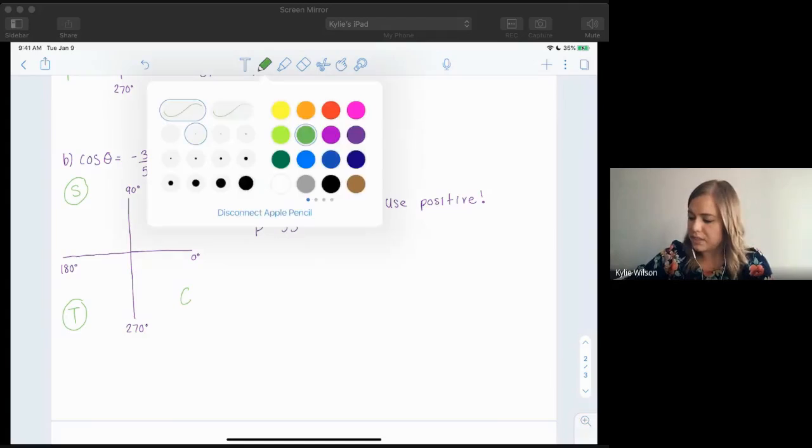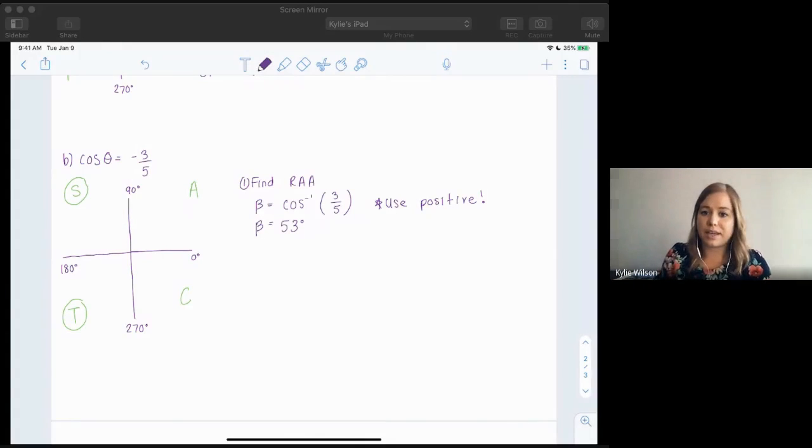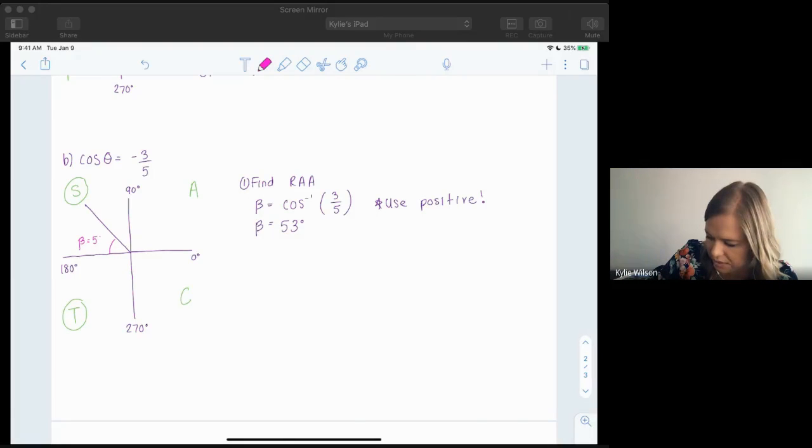Now let's draw some angles that have a related acute angle of 53. There's going to be one up here. And remember, our related acute angle is always measured from the x-axis like this. So this purple angle has a related acute angle of 53 degrees.